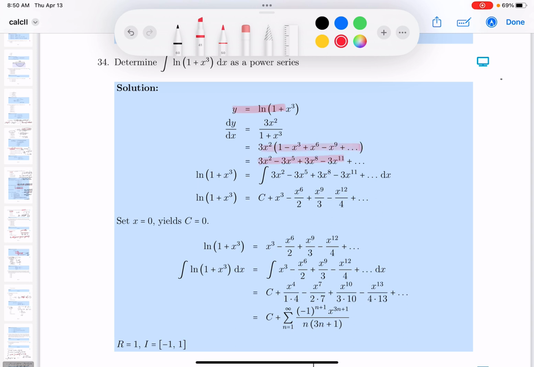Then the question is you need to integrate that guy. Why is that? What you're trying to do is get back to that natural log problem. So let me point out what we're trying to do. We're trying to integrate these terms over here. So the natural log of 1 plus x cubed, let me write this over here.